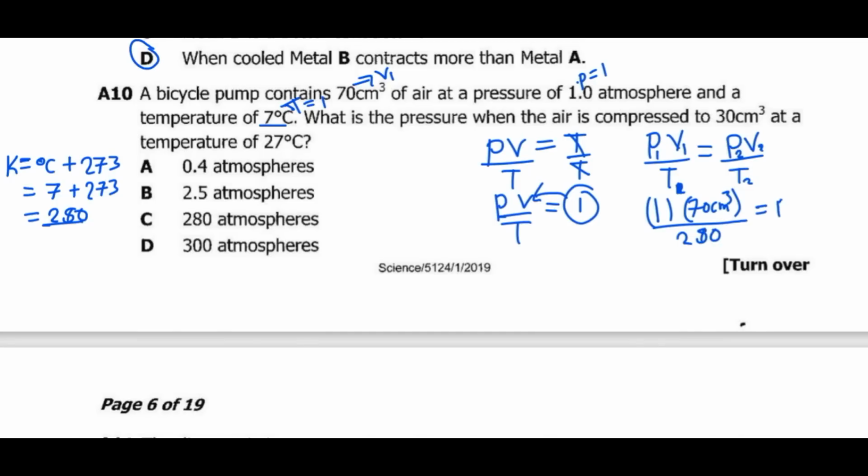So we are solving for P2. Then what is our volume 2? The volume changed from 70 to 30, it decreased. So we have 30 here over temperature 2, which is 27. We are supposed to convert this one as well, so let's do that.